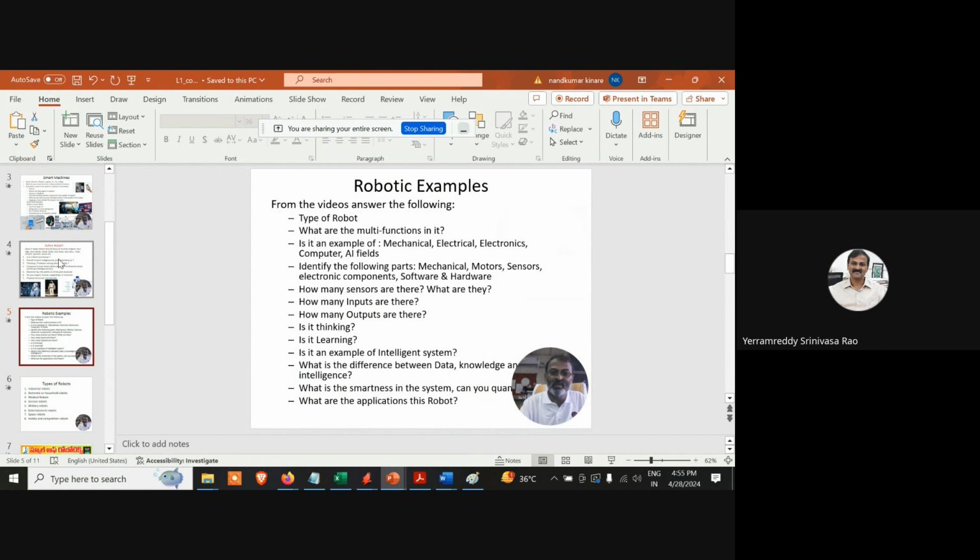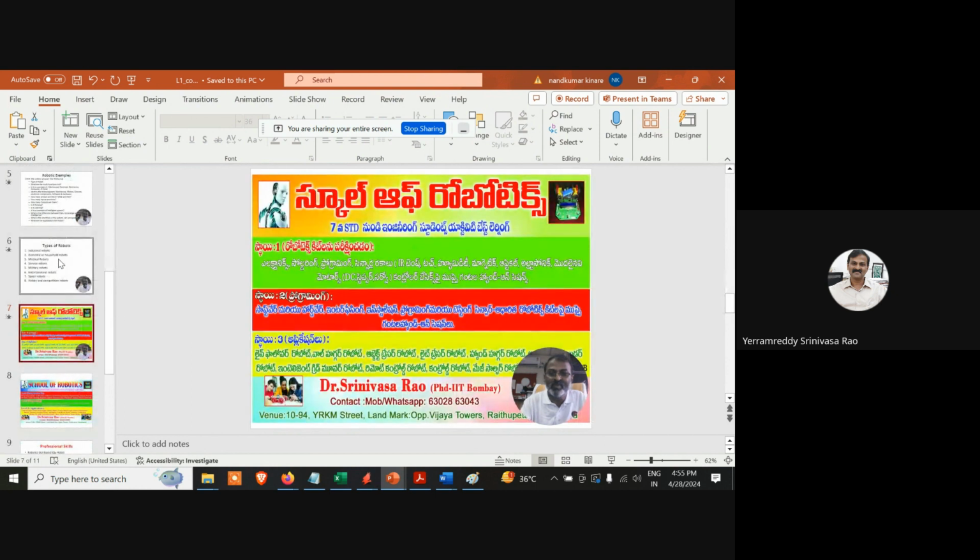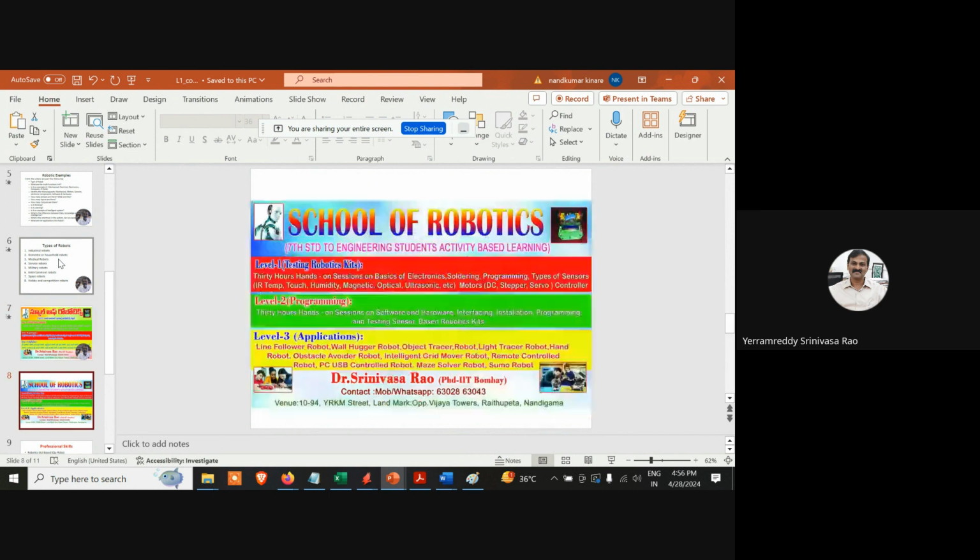And we have seen the learning outcomes of these courses and some examples, and the types of robots. We have divided this course into three parts. One is level 1. We start with introducing the basic components, soldering, testing, troubleshooting.